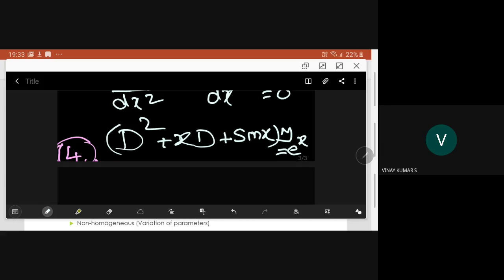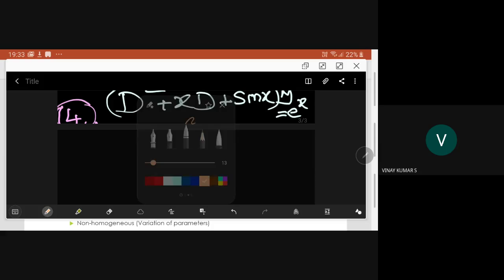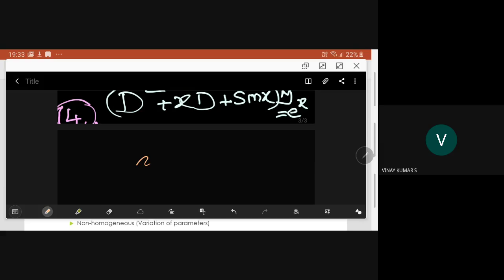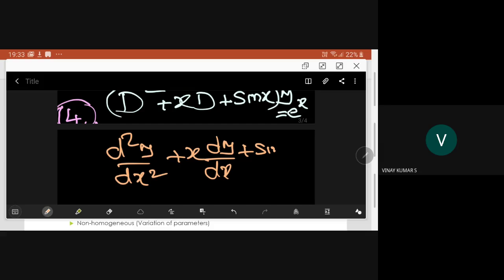This is another equation. How can this be written? This can be written in terms of d by dx. In d by dx way, this can be written as d square y by dx square plus x dy by dx plus sin x into y is equal to e power x.